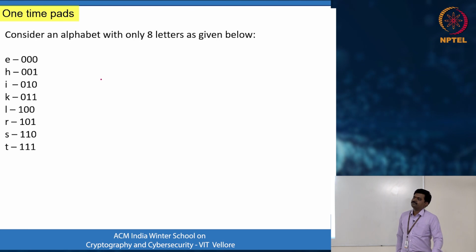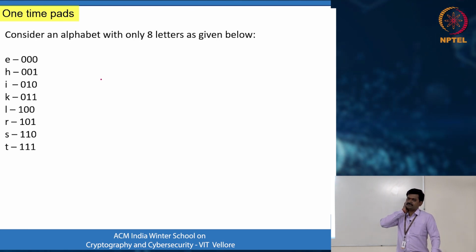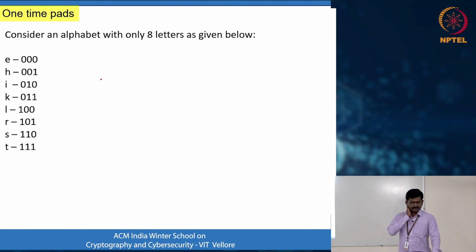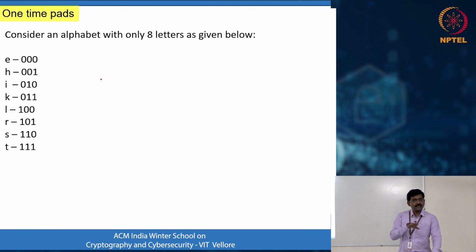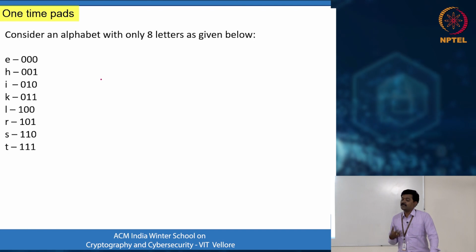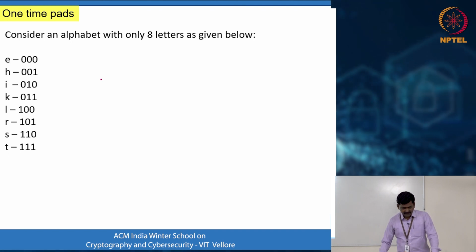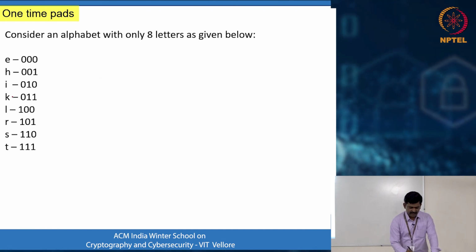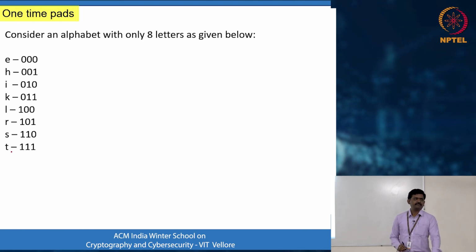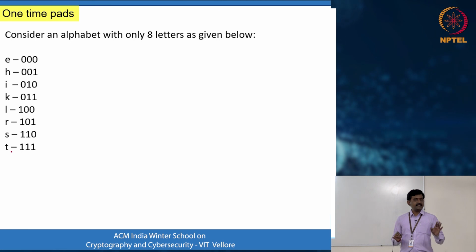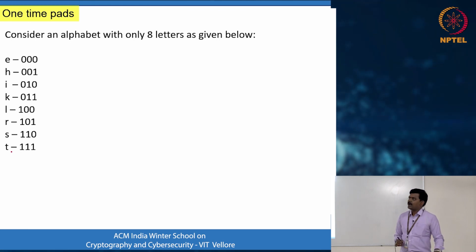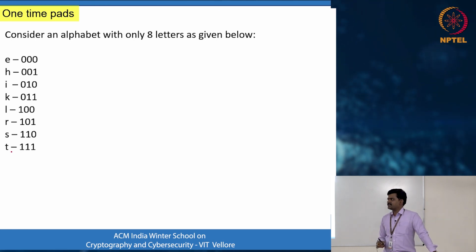Imagine there is a language having 8 alphabets. What are those alphabets? These are the 8 alphabets: E, H, I, K, L, R, S, T. English alphabets only. I am just saying there is a language with 8 alphabets. All these 8 alphabets are represented as 000 to 111.